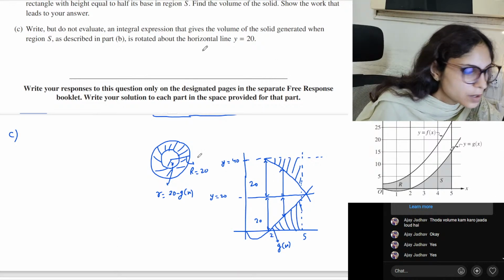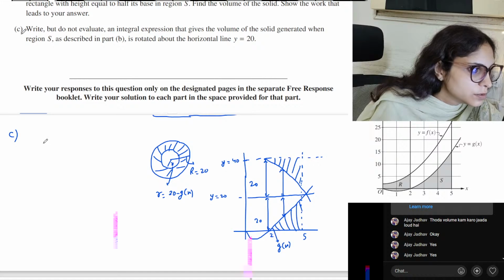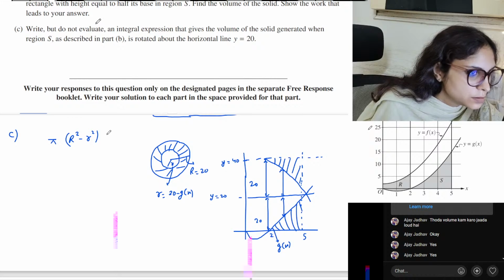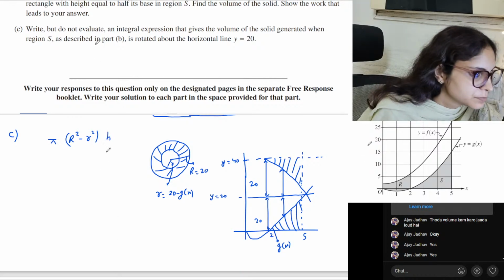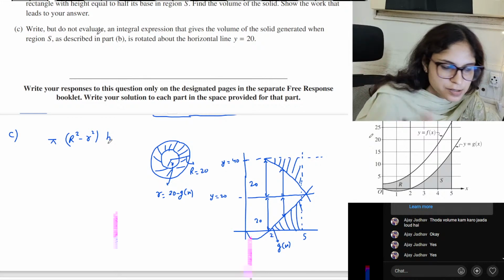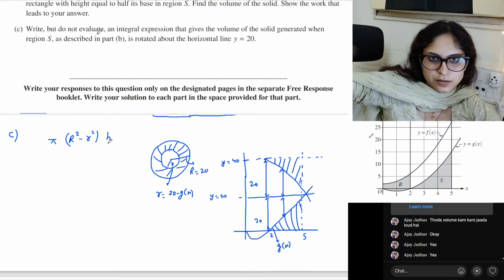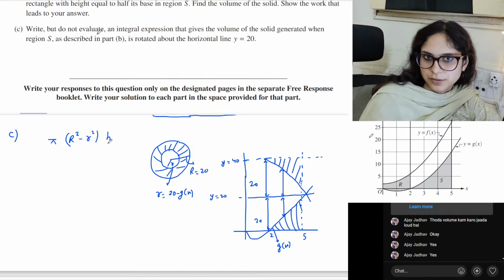Alright. So like I told you, it's a cylinder. So it will be pi R squared minus r squared times height. And height is just going to be dx. Alright, because I'm making cylinder like this. So this is the radius part and this is the height part.